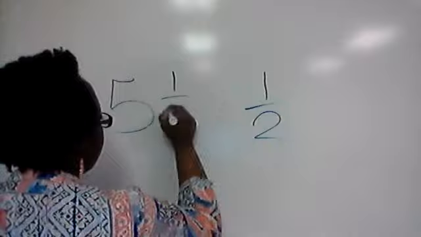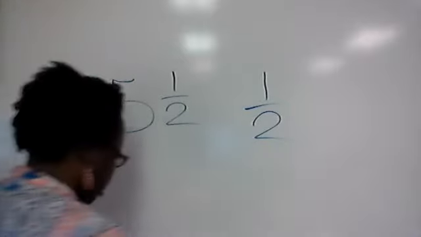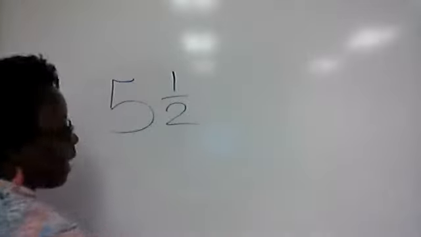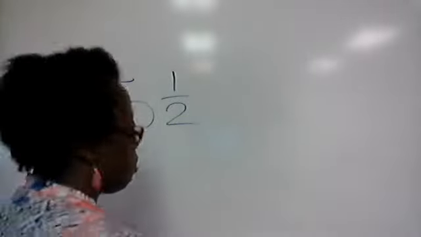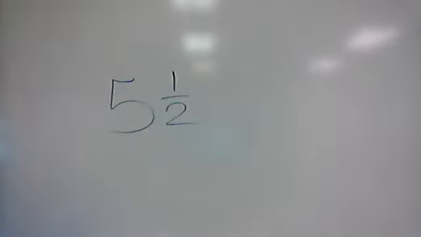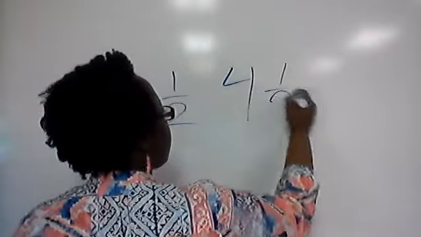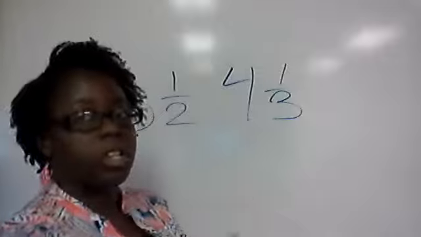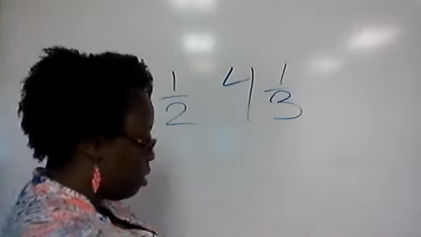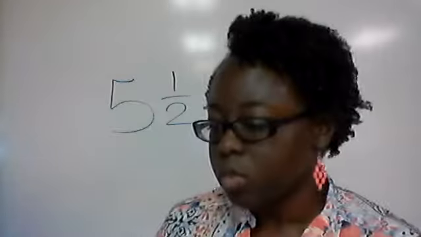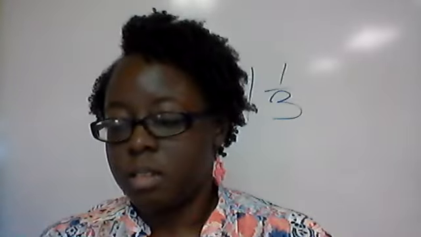So you're adding 1/2 to that. If I said 4 and 1/3, you write 4 first, and then you write 1/3. The "and" means that you're adding the fraction to it. So you write 4 1/3. Okay? So take your time. Remember where your commas go, and remember how to write your fractions.